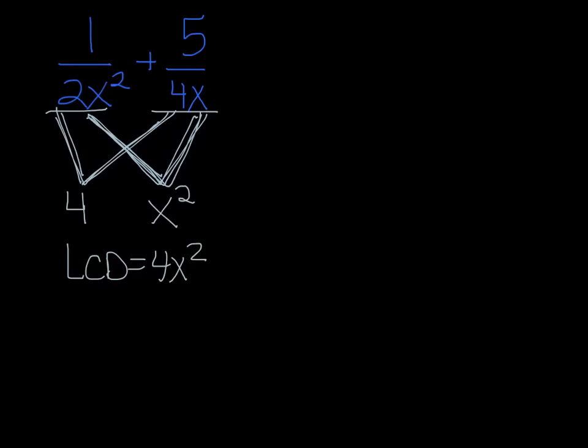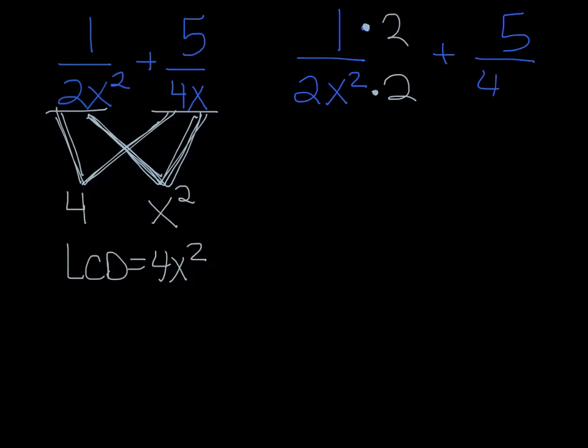In order to make 1 over 2x squared into something with 4x squared on the bottom, I'm going to have to multiply top and bottom, here I'm going to use a different color, top and bottom by 2. And then I have this plus 5 over 4x, and I want to make that 4x squared, so I have to multiply it by another x.